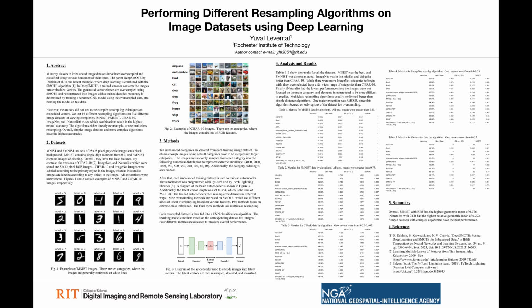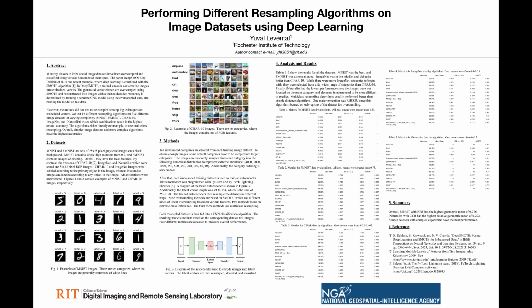9 oversampling methods are based on SMOTE, which use different kinds of linear oversampling based on various features. 2 methods focused on extreme class imbalance. Finally, the last 3 methods use multi-class resampling, which focus on all the classes as a whole.